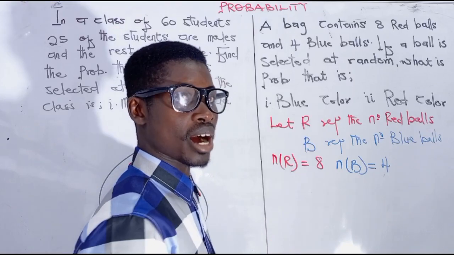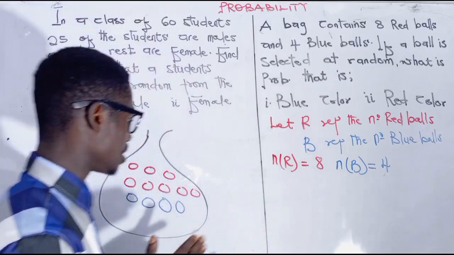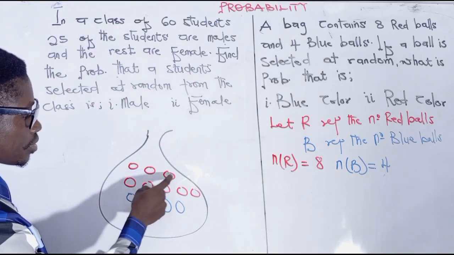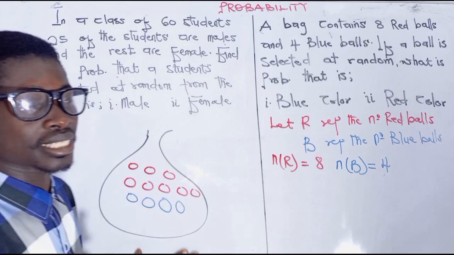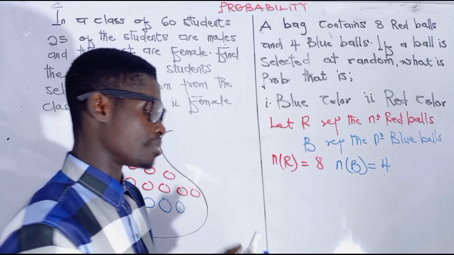And in all, how many balls are in the bag? Let's count them: 1, 2, 3, 4, 5, 6, 7, 8, 9, 10, 11, 12. It means that there are 12 balls in the bag.